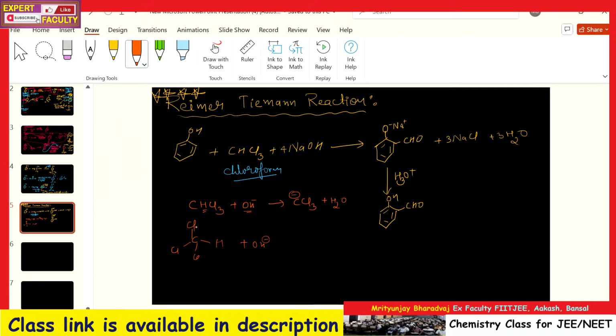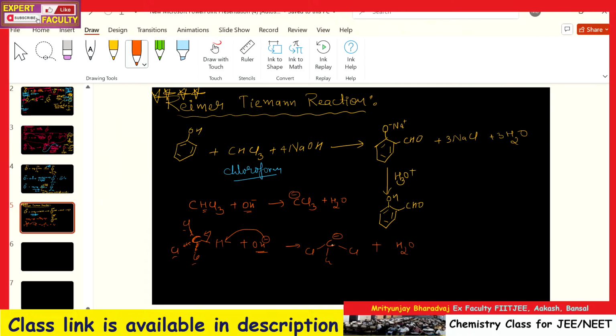These chlorines are electron withdrawing groups. Due to this electron withdrawing nature of chlorine, the electronegativity of carbon will increase, and under the basic condition, OH minus will donate an electron and this carbon will take away the bond pair. So it becomes C minus Cl, Cl, Cl plus H2O.